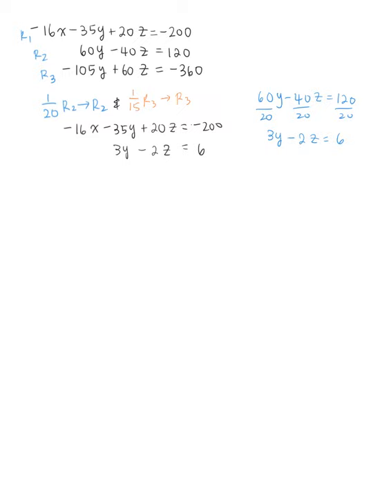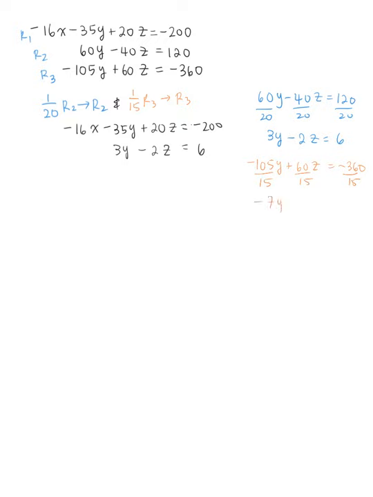So if I do that, let me just write down row 3. So we got negative 105y plus 60z equals negative 360. So basically I'm going to divide each term by 15. Okay, so then what are we going to get?